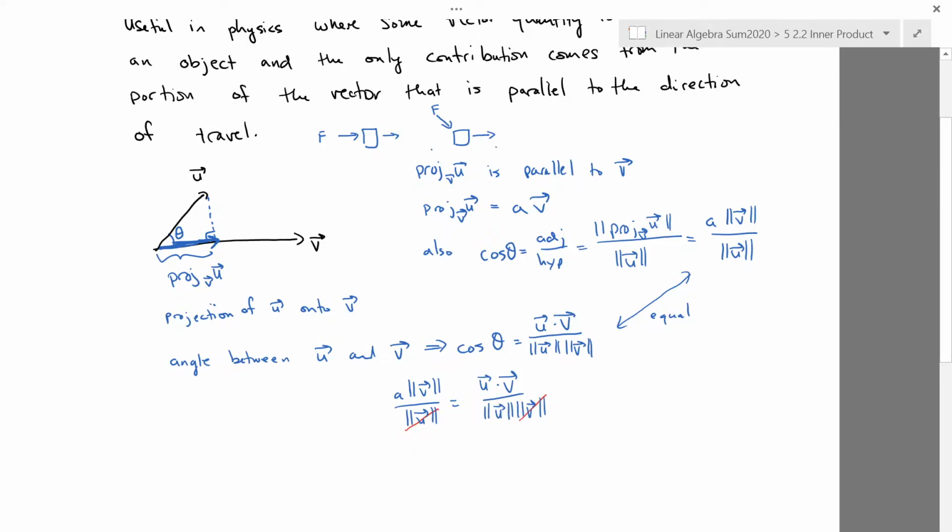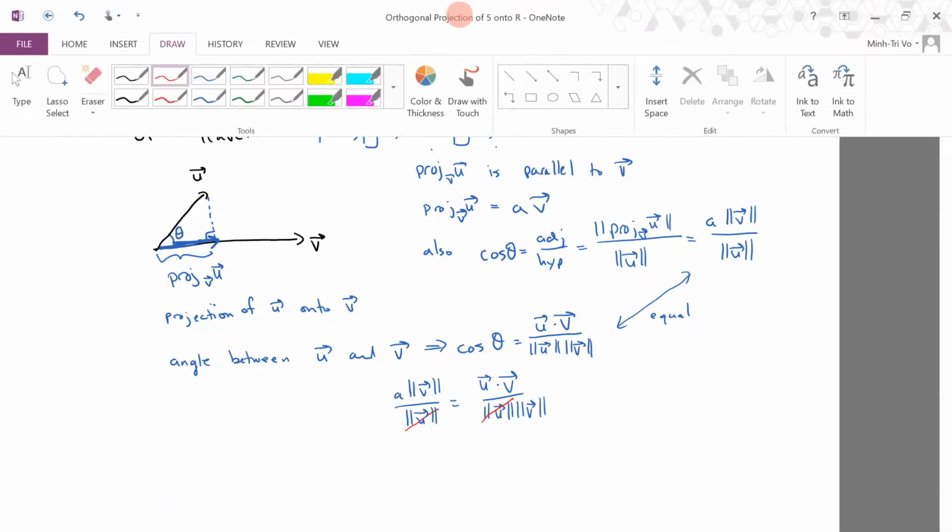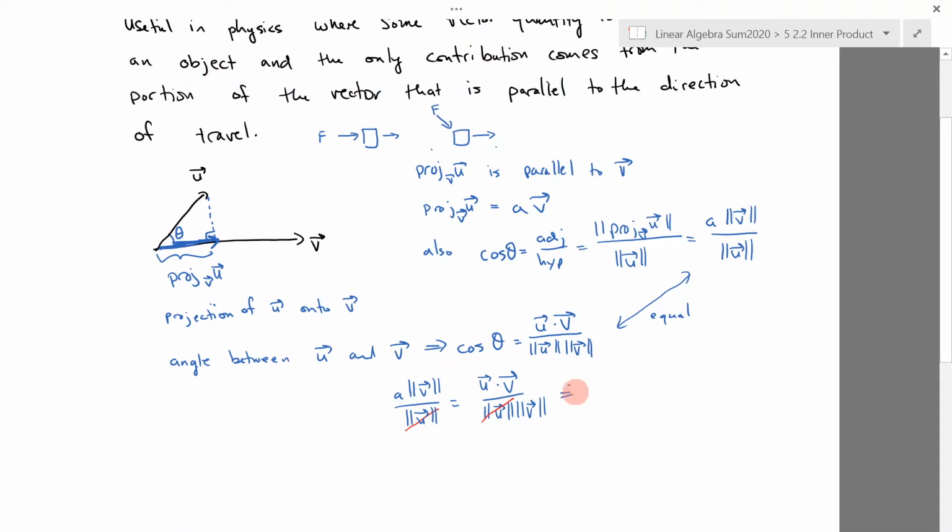And so if I solve for a, I can divide this over, so a is equal to u dot v over the length of v squared.